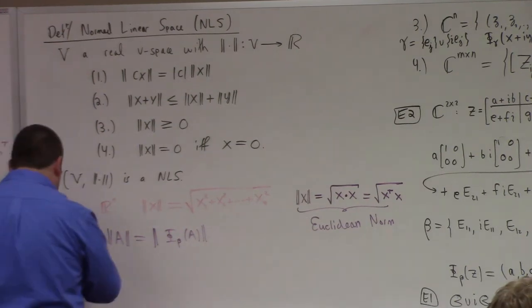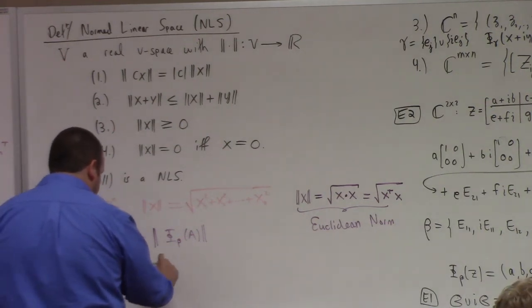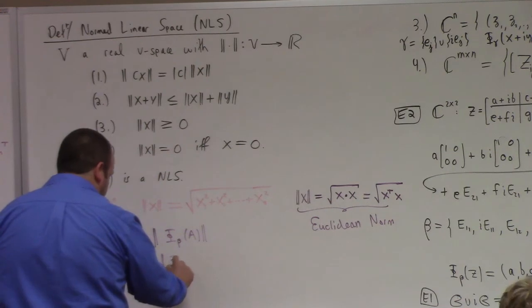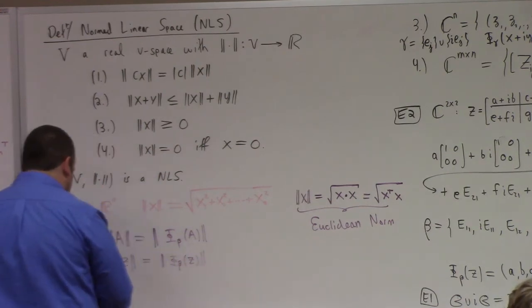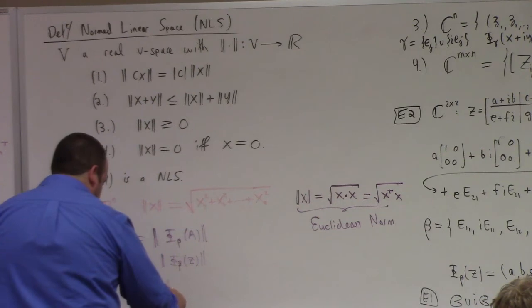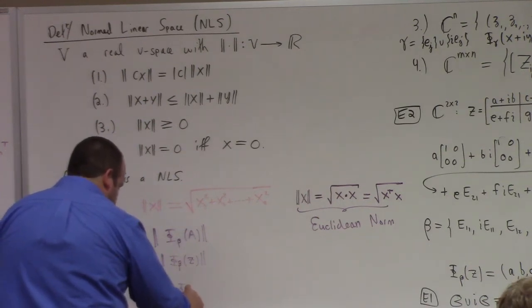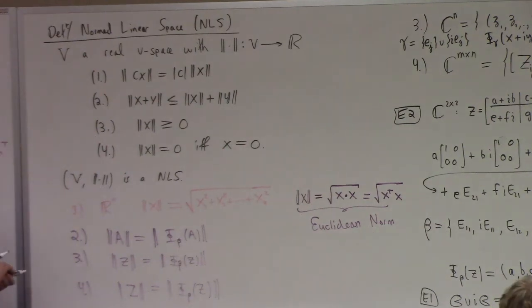And in the same way, the norm of a complex vector is the norm of its coordinate vector. And you guessed it, the norm of a complex matrix, again, just to beat a dead horse here. So here I'm talking about C^n, here I'm talking about C^(m by n).